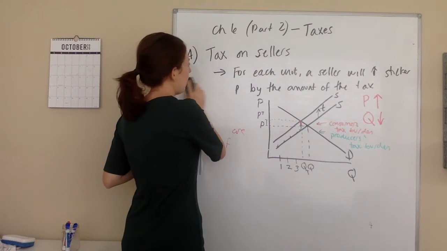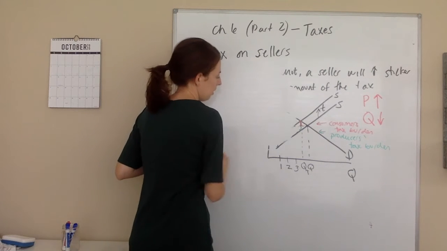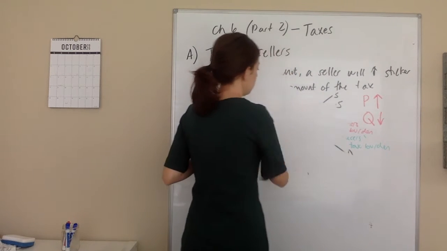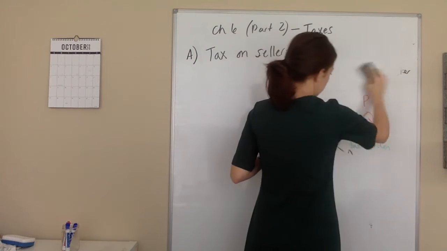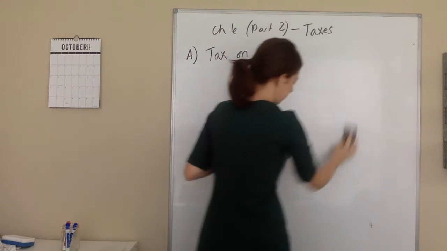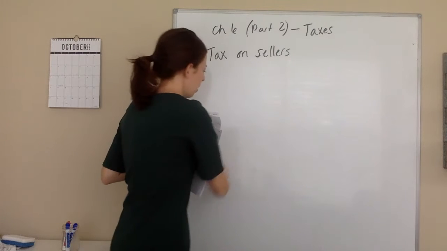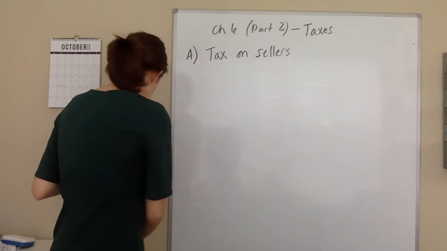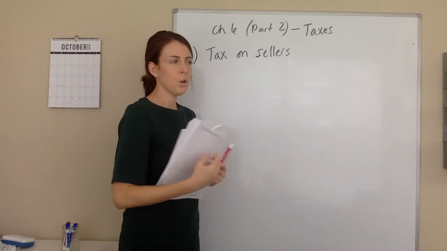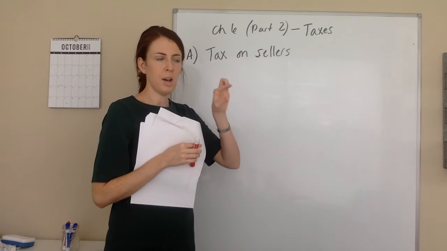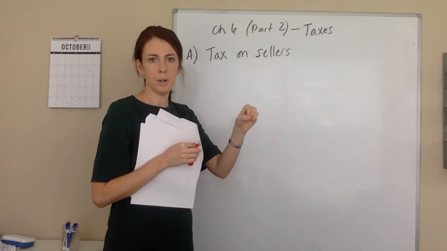Now let's think about what would happen if the tax was levied on demanders in the market, or consumers. Just as a note, in case you're thinking really deeply about this, all the examples I'm giving you are examples of commodity taxes. A commodity tax is a fixed tax amount that's applied per unit.